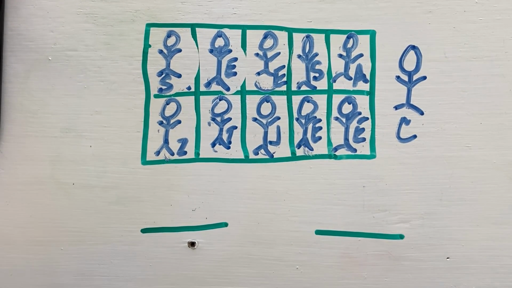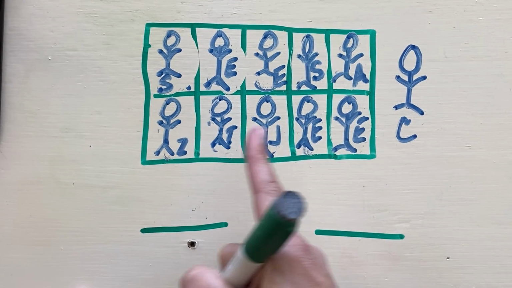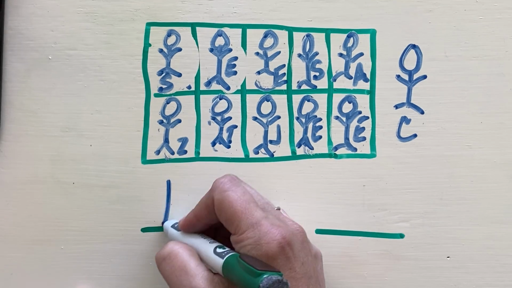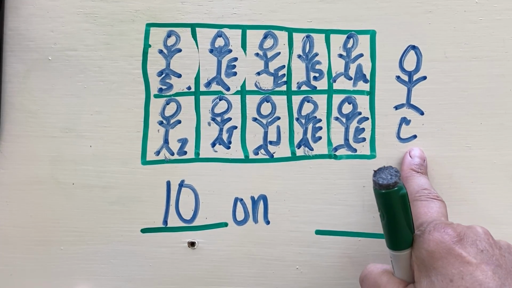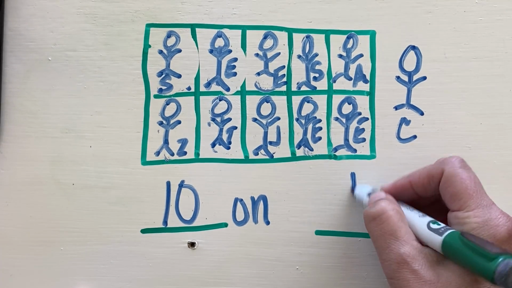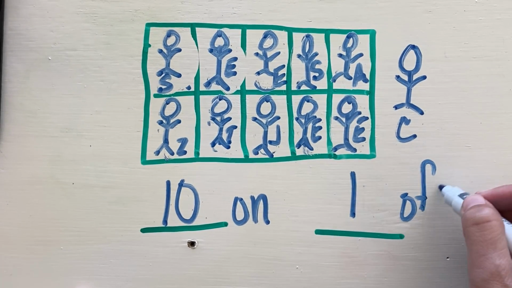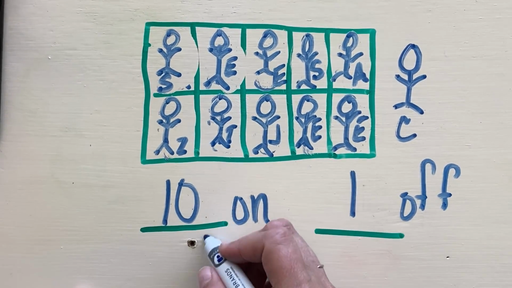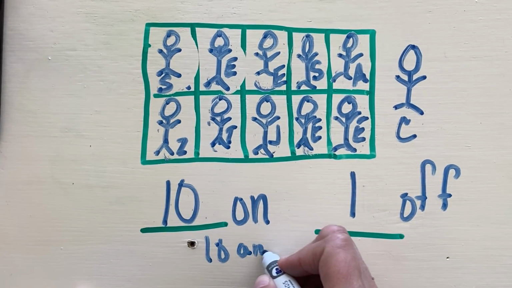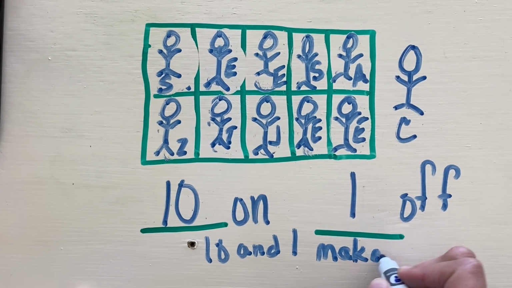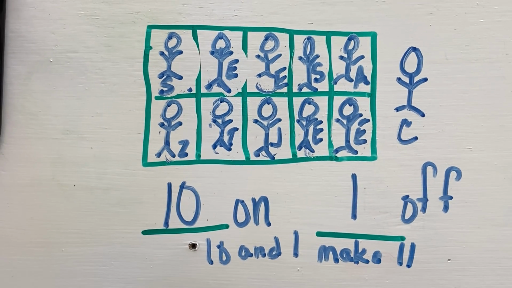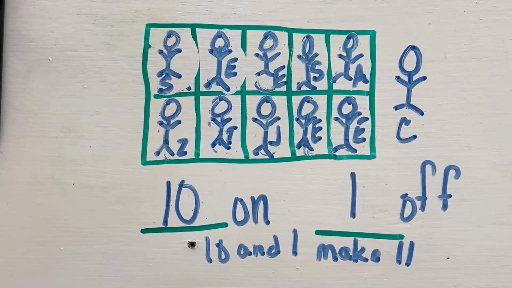And how many do we have on our 10 frame? Right, we have 10 on, and we have how many off? 1 off. 10 and 1 make 11.